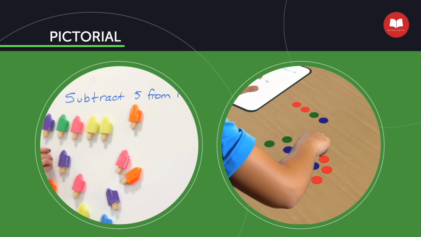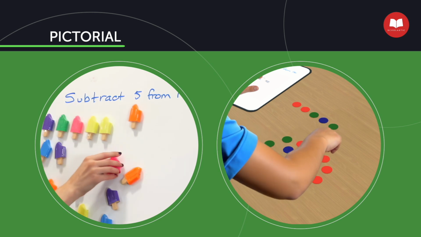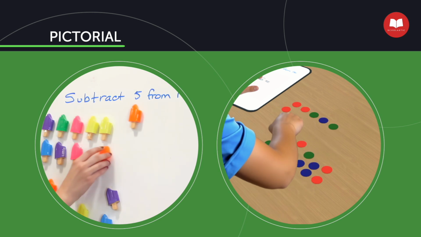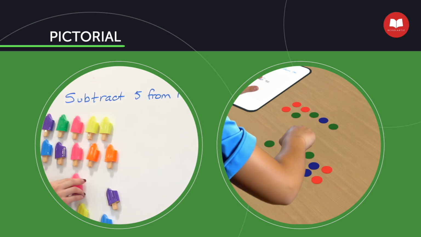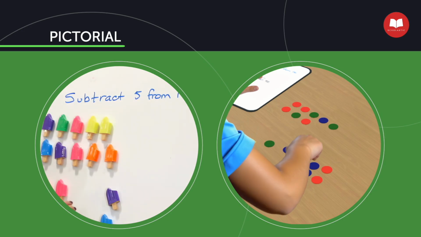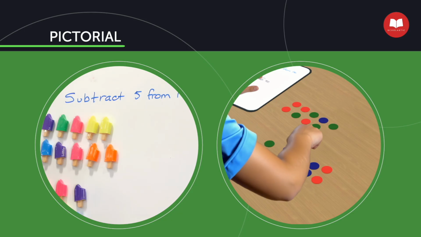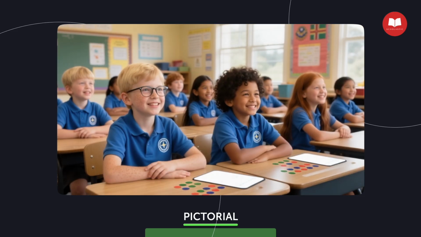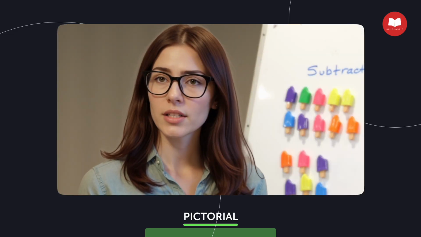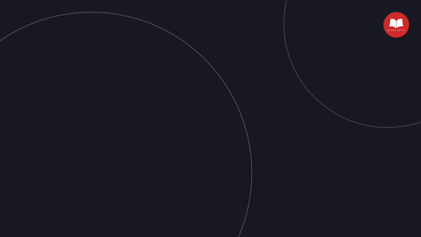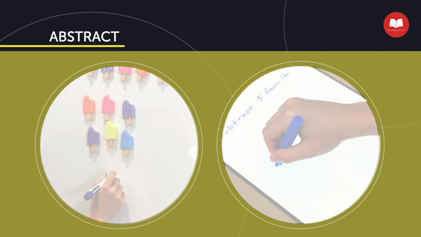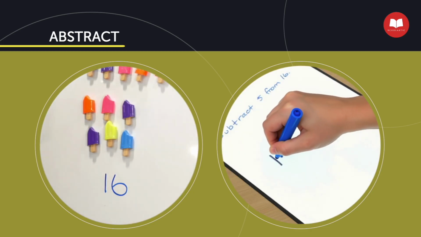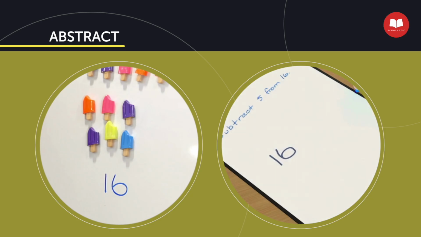Arranging the materials this way is the pictorial part of CPA, so what the students see is visually memorable. How many ice blocks can we see? 16. So let's write that to start our number sentence. Writing the number that represents the materials is the abstract part of what the students have done so far.